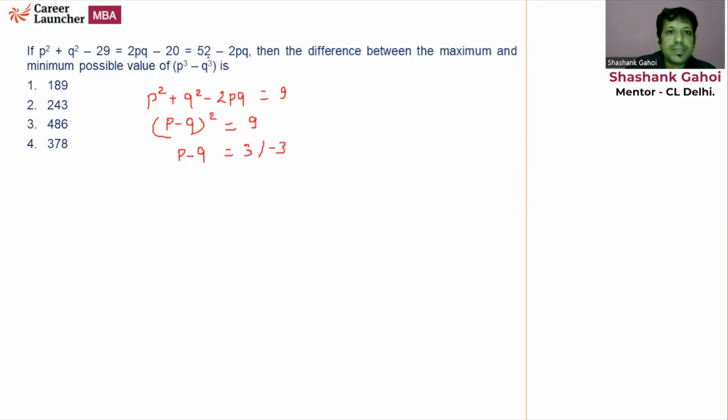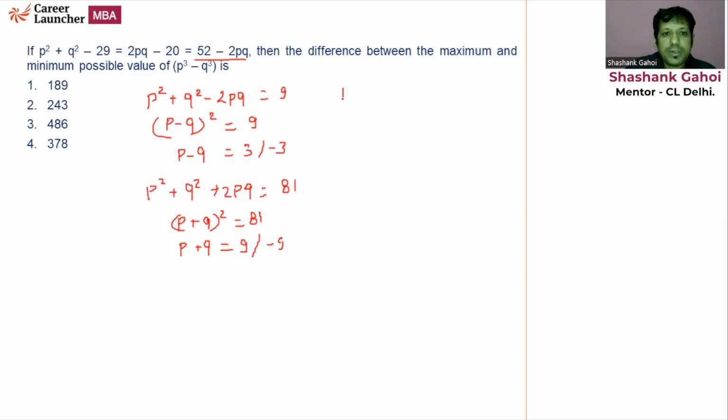Second case is p square plus q square plus 2pq is equal to 29 plus 52. So that comes out to be 81. So from here I can say p plus q whole square is equal to 81. So this will give me p plus q is equal to either 9 or minus 9.